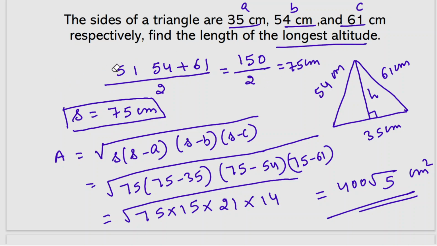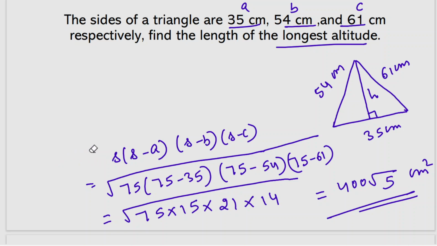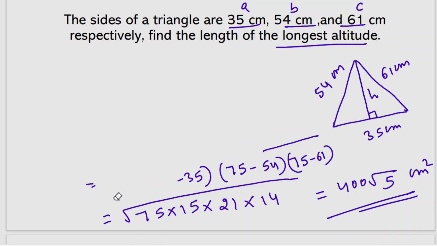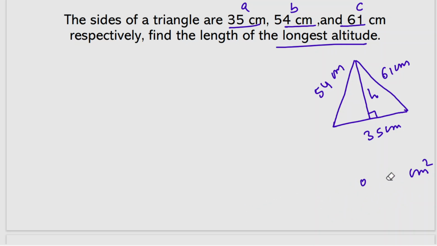So let's erase this. Now, whenever we know the base and height, suppose let us keep this as the base of the triangle, and the height is h.